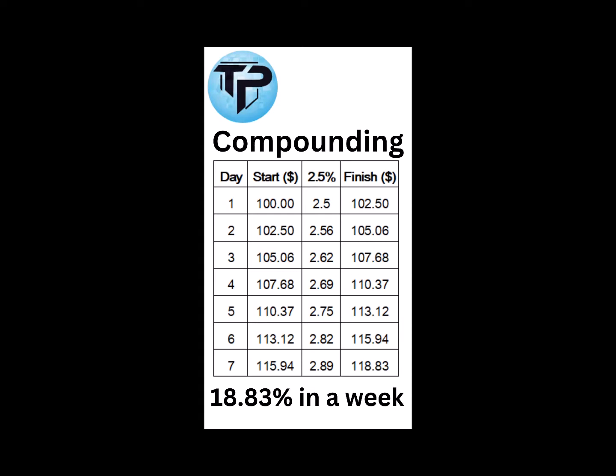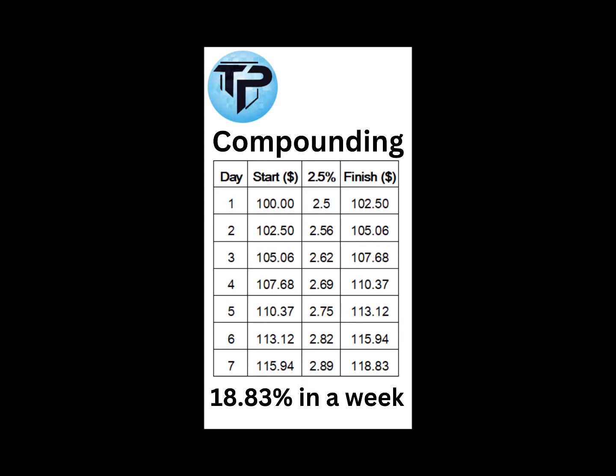So you start day 2 with $102.50. 2.5% of that is $2.56. So you add that $2.56 onto the starting amount, and you end up with $105.06.